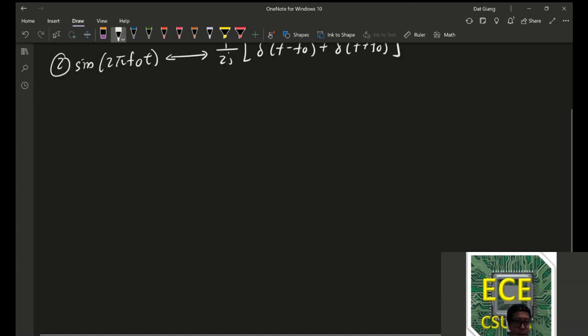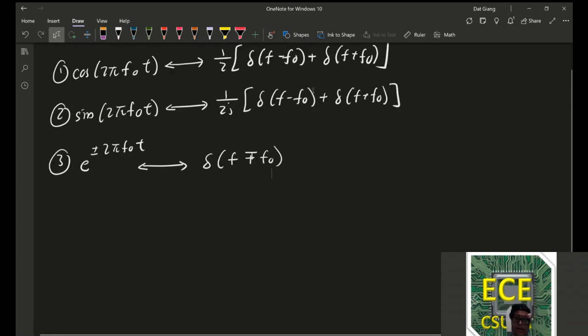Okay, number 2. We have e to the plus or minus j 2 pi f0 t, and this becomes directly delta(f minus or plus f0). Notice that cosine, sine, and e to the j 2 pi f0 t are really related to each other through Euler's formula.